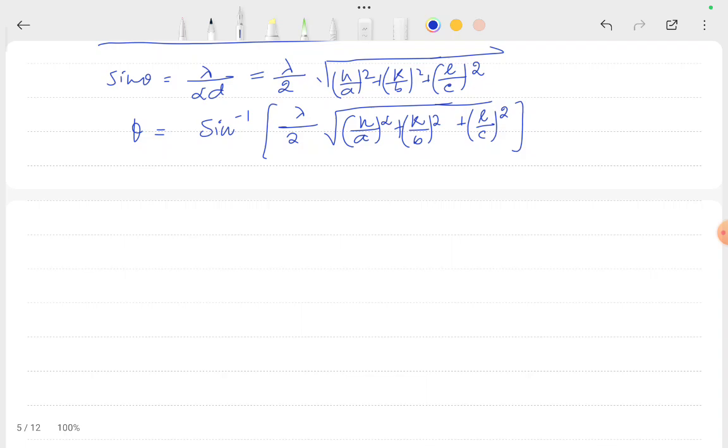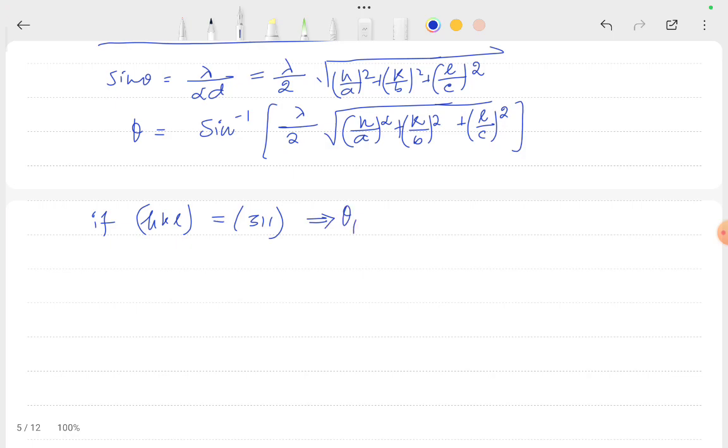So if HKL equals 311, with respect to a, b, c, we get the theta 1 value.